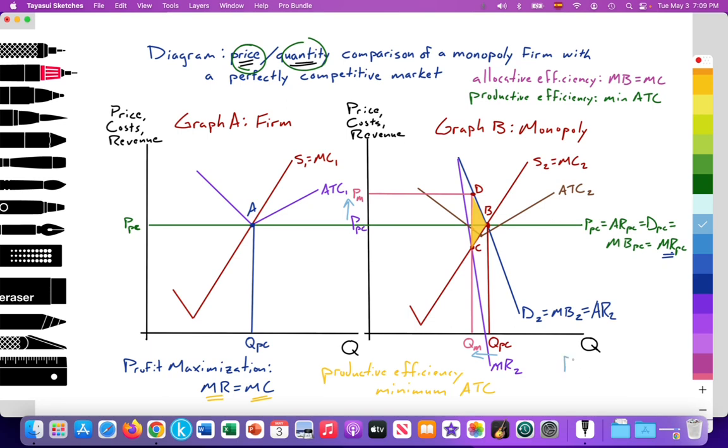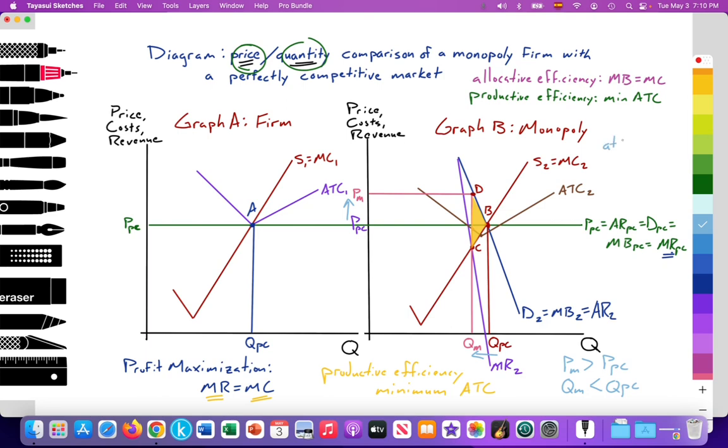So again, the price of the monopolist is greater than the price established in perfect competition, and the quantity of output by the monopolist is less than the quantity of output by the industry in perfect competition. In addition, we can highlight that the monopolist under allocates.